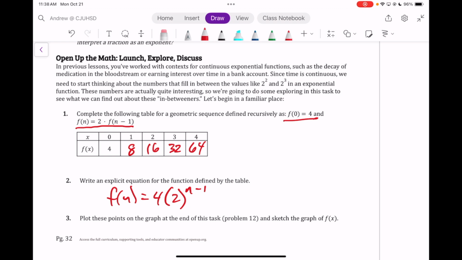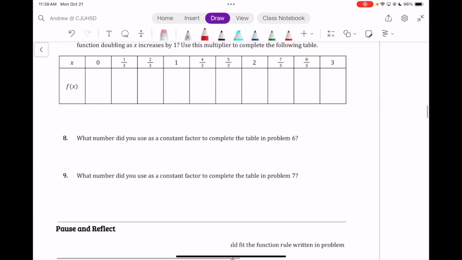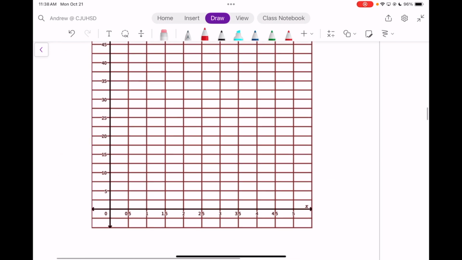Now, we're going to graph those points: 0, 4; 1, 8; 2, 16; 3, 32; and 4, 64. At the end of the lesson, you're going to see a big graph, and we're going to have to just approximate where that would be.